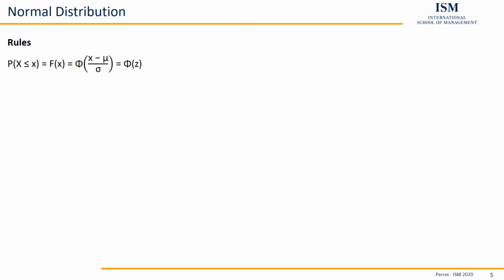The first one is, if we calculate the probability of X being smaller than a small x, we can just insert this into the function we just had. We do this by standardizing it and looking up the value in the table for the standard normal distribution. That's this big phi here, the large circle with the line in the middle. Okay, that's not so much a rule, that's just how we get the value.